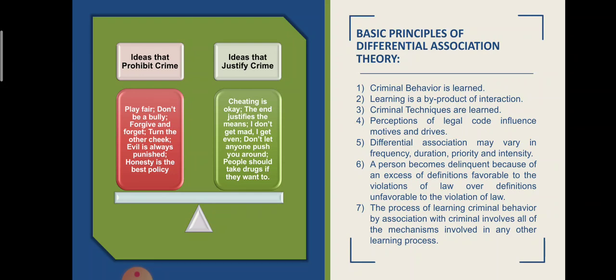So, a criminal career now starts if learned antisocial values and behaviors are not at least matched or exceeded by conventional attitudes and behaviors. So, criminal behavior is then learned in a process that is similar to learning any other human behavior.